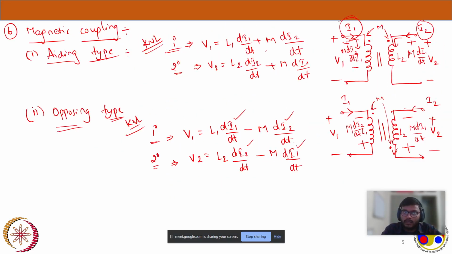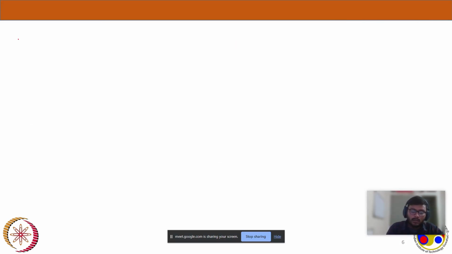Magnetic coupling is a circuit where there is no physical connection, and within magnetic coupling as well, we have seen two types, aiding type and opposing type. So with that, we will close the discussion on the basics of magnetic circuits, the dot convention, and self inductances.